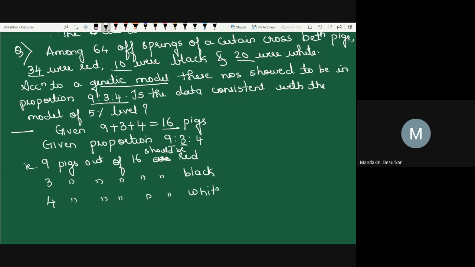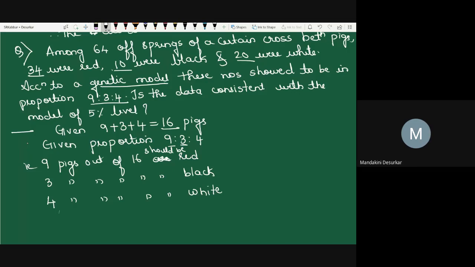But how many total pigs do we have? 64. This is the ratio that I have taken, so we have to take the ratio 9 is to 3 is to 4. Whatever I am doing now is nothing but finding the expected frequency.